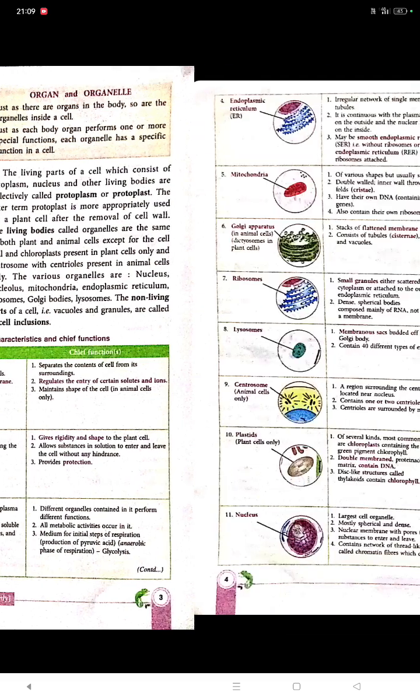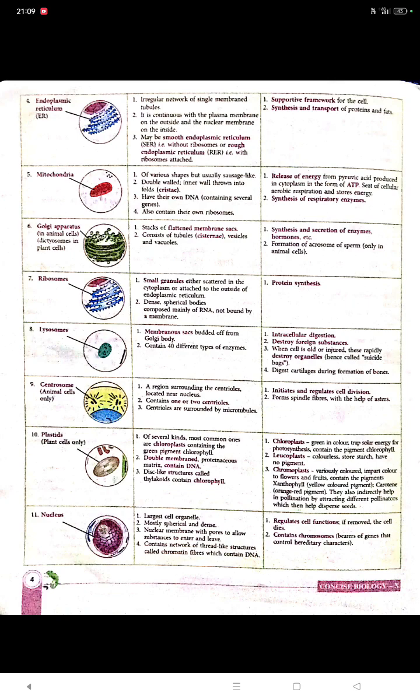Next page. Endoplasmic reticulum. Okay. There are two types of endoplasmic reticulum: smooth and rough. Smooth endoplasmic reticulum means without ribosomes.